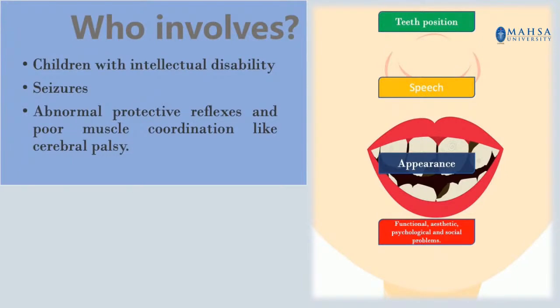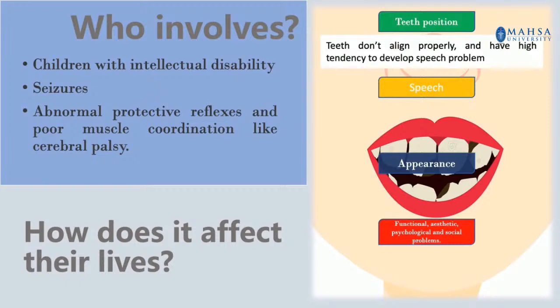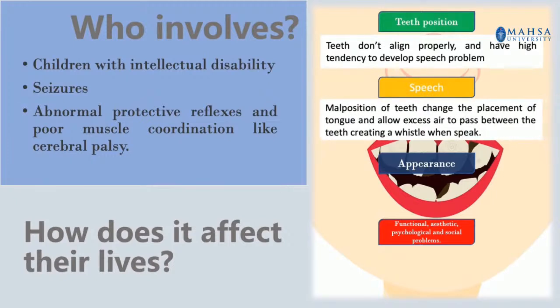The injuries have a negative impact on them, such as teeth that don't align properly. They have a high tendency to develop speech problems. In addition, the malposition of teeth changes the placement of the tongue and allows excess air to pass between the teeth, creating a whistle when speaking. Furthermore, the trauma can affect their appearance.